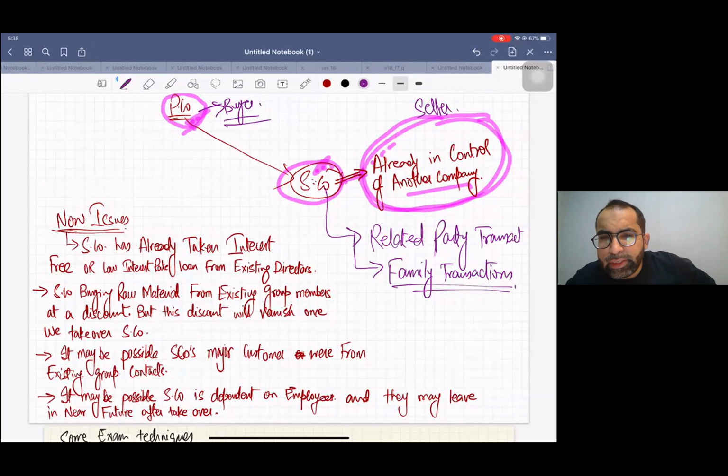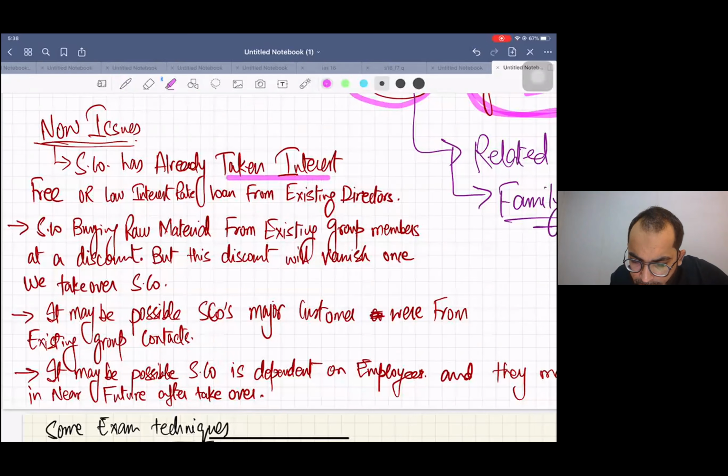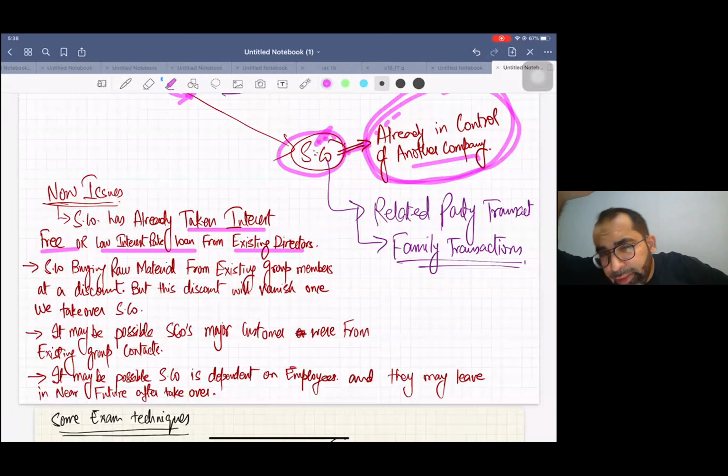For example, this subsidiary company, which is not in my control right now, S company, has already taken an interest free or low interest rate loan from existing directors. Right now S company is under the control of the other directors, and those directors have given an interest free loan to this S company. Why did they give an interest free loan? Because right now they are the owners, so they can.